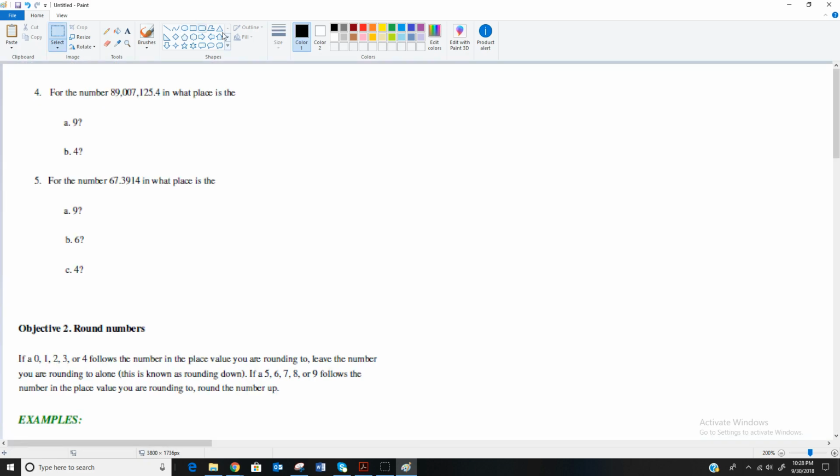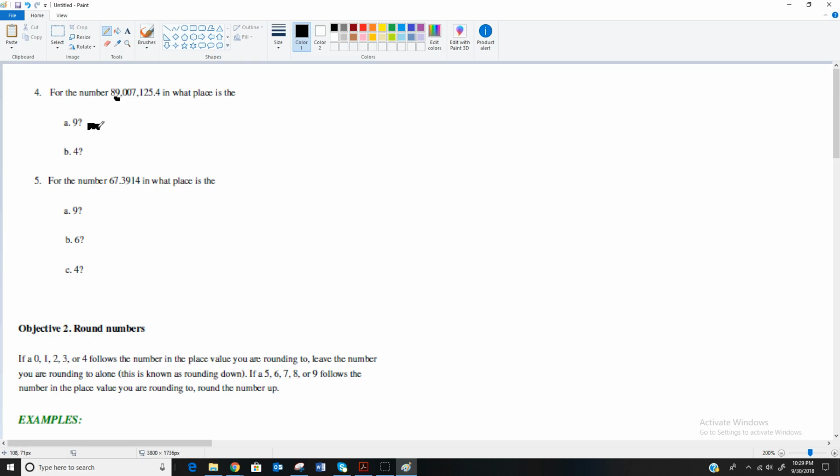Okay, so for the next number, 89,007,125.4, which would be 4/10, in what place is the 9? Well, the 9 is in the ones, tens, hundreds, thousands, 10,000s, 100,000s, millions.